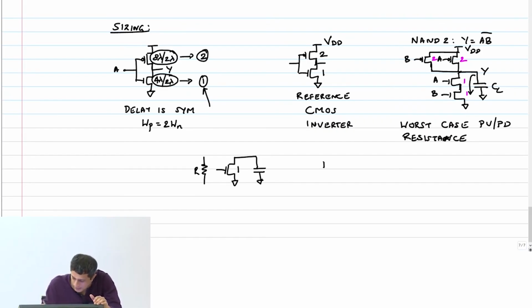Let's look at that. R was basically 3 VDD by 4 ID SAT. Correct? This is the expression we got.